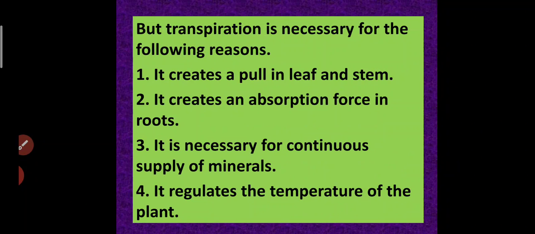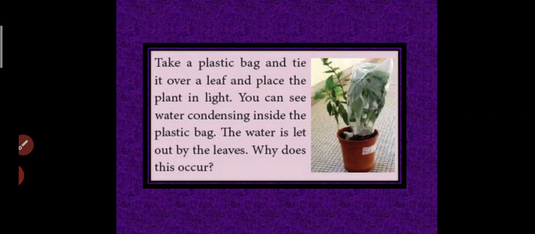Next, it regulates the temperature of the plant. So it will maintain the temperature. Now see this picture. You have to take a plastic bag and tie it over a leaf part alone, and you have to place it in the light. What can you see after some time? You can see the water vapor condensing inside the plastic bag.